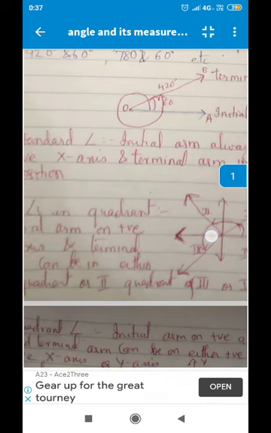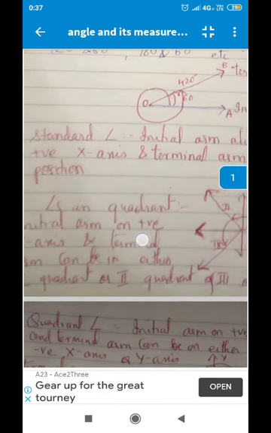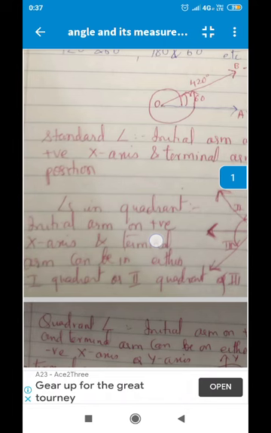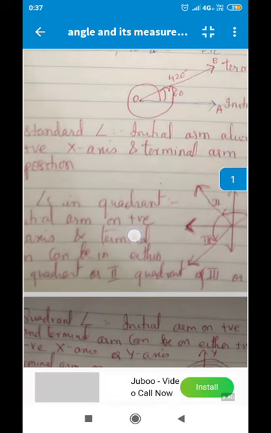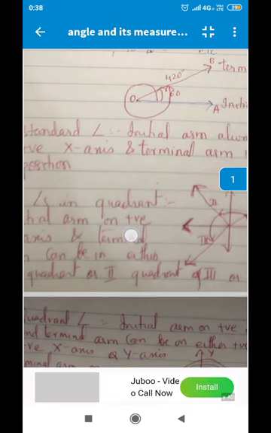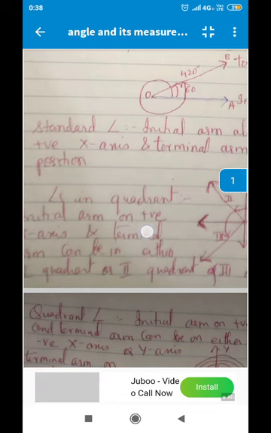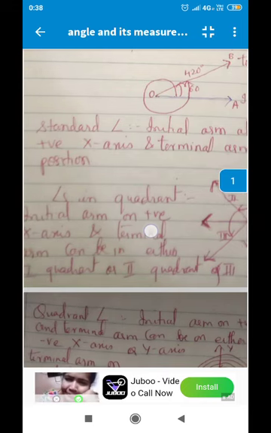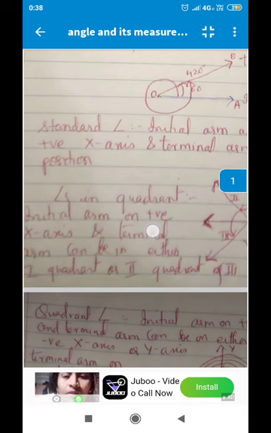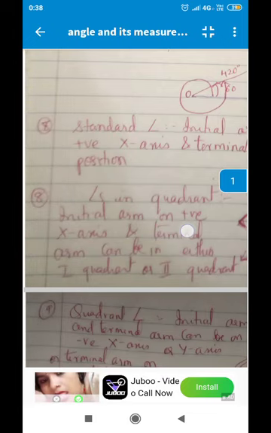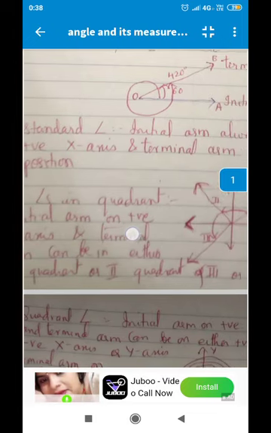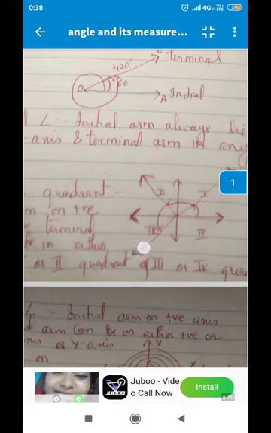All these can be positions of the terminal arm, and therefore such an angle is called a standard angle. I repeat again, the initial arm has to be on the positive x-axis, and the terminal arm can be in any position between 0 degrees to 360 degrees or even more than that. That is called a standard angle. Now angles in quadrant.